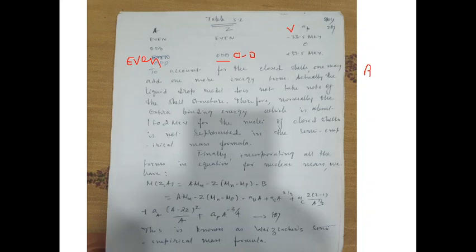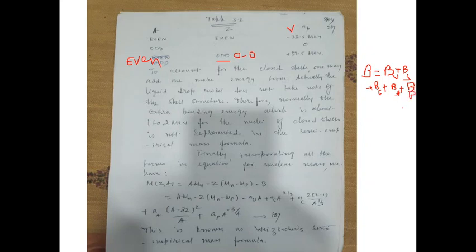And this is binding energy because of the volume, because of the surface, because of the asymmetry, because of the Coulomb, and because of the pairing.